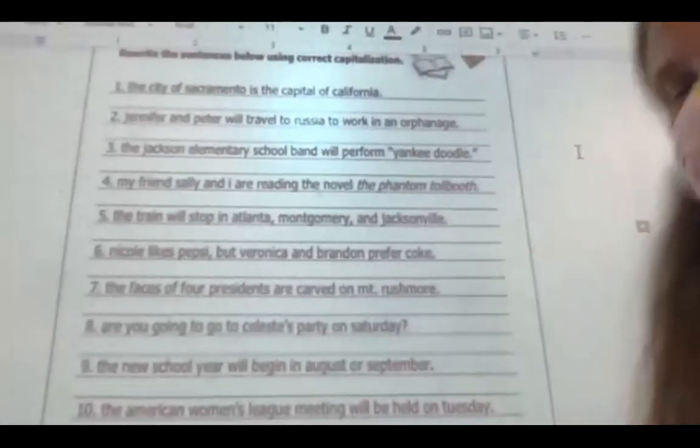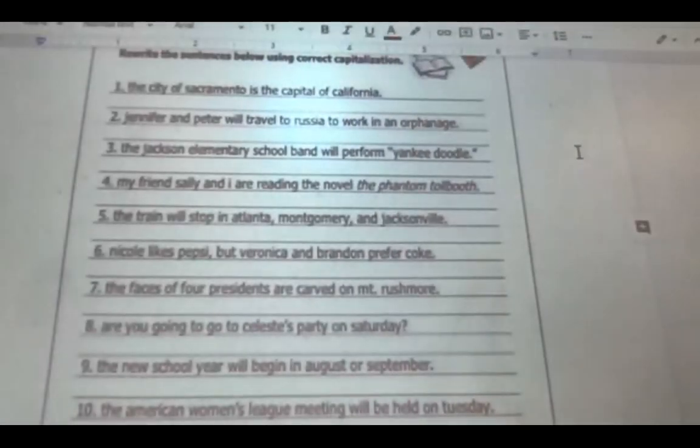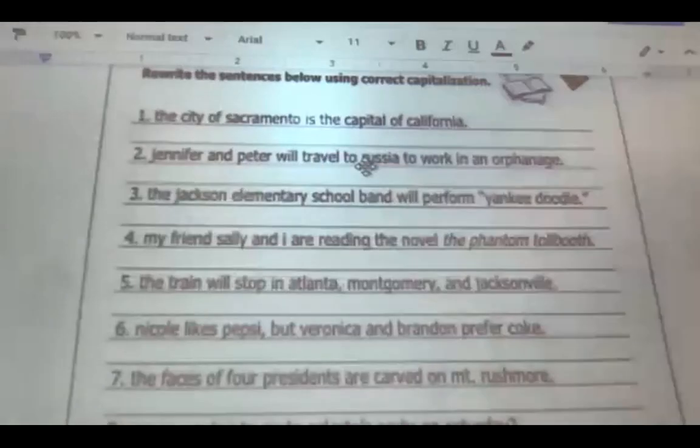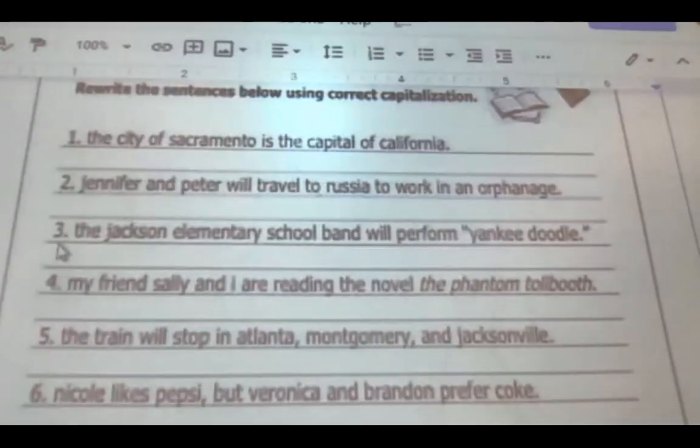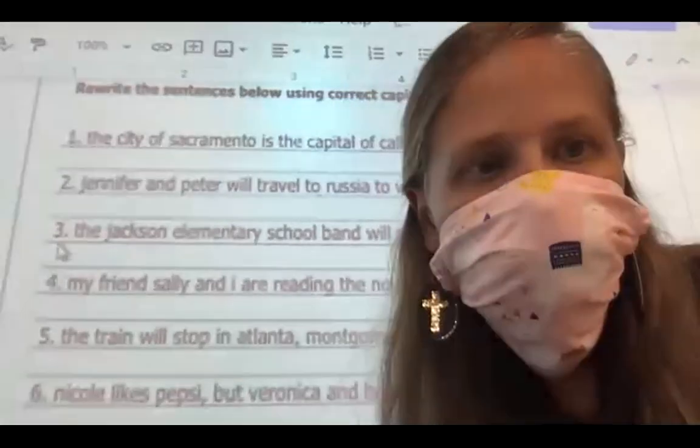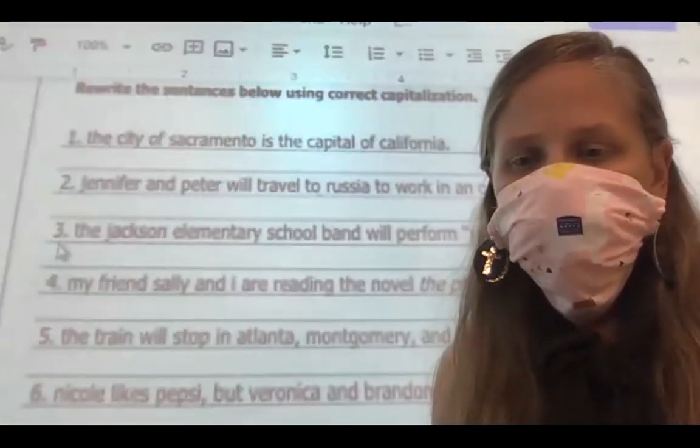I can make it a little bit bigger. Is that a little bit better for people at home? Yes.